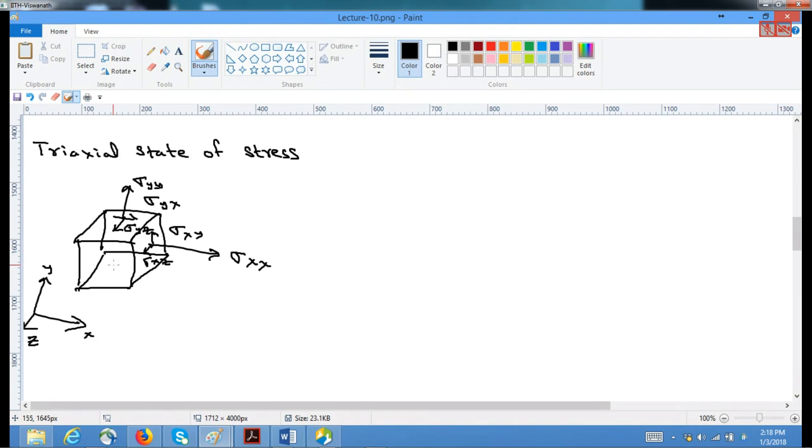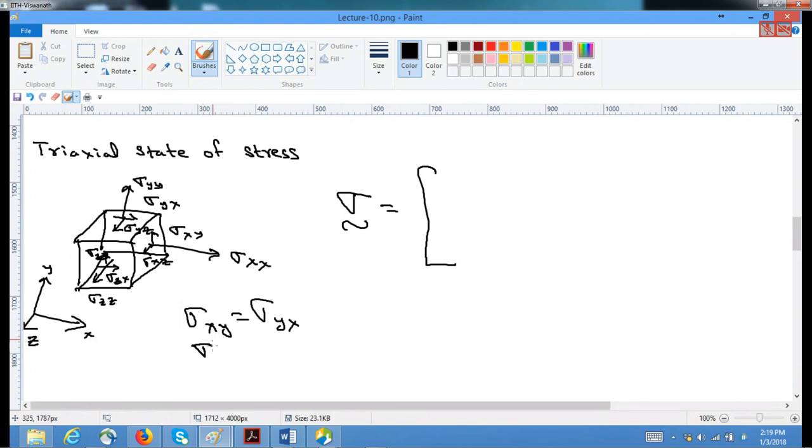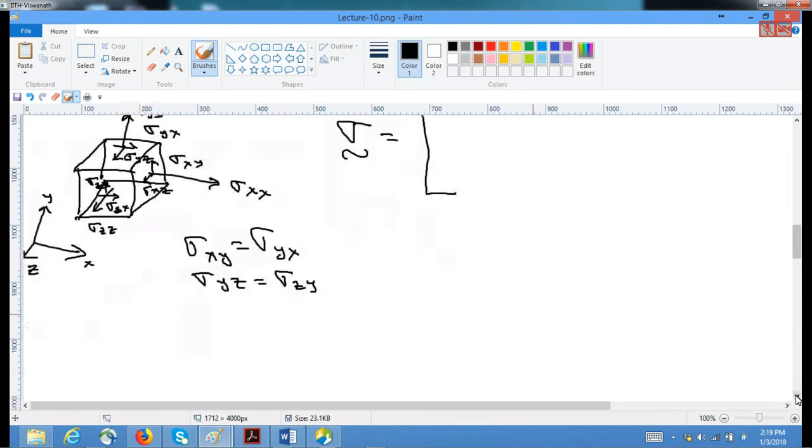This is sigma zz, this is sigma zx, and on this face, this one is sigma zy. So in the triaxial state of stress, sigma xy is equal to sigma yx, and sigma zx is equal to sigma xz.